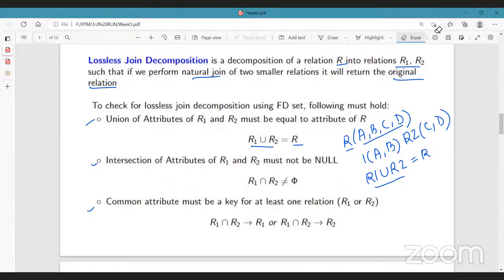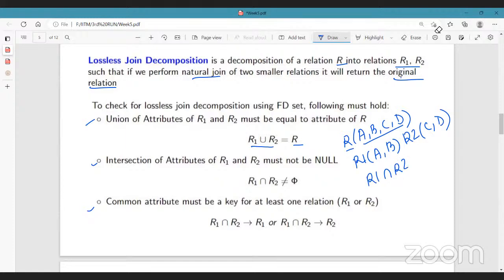Then the next rule is that when we perform an intersection between the two decomposed relations, we should not get a null value. There should be at least one common attribute. So can anybody tell whether R1 intersection R2 satisfies this? No, right?